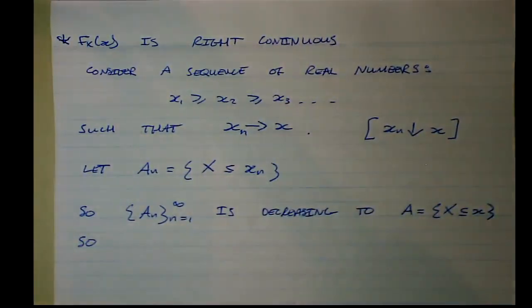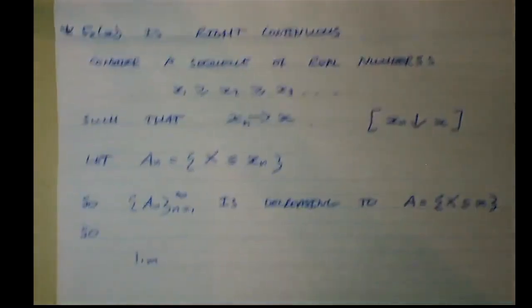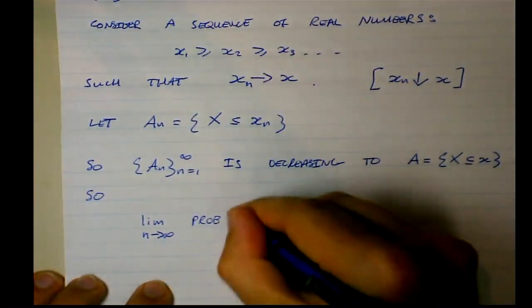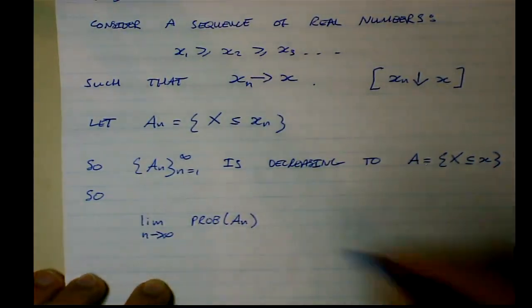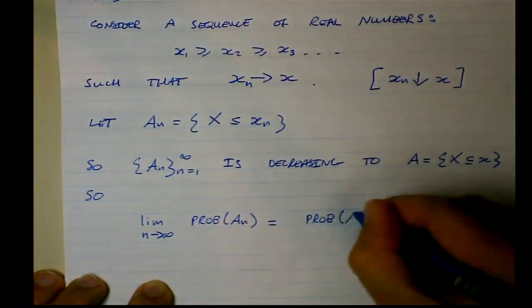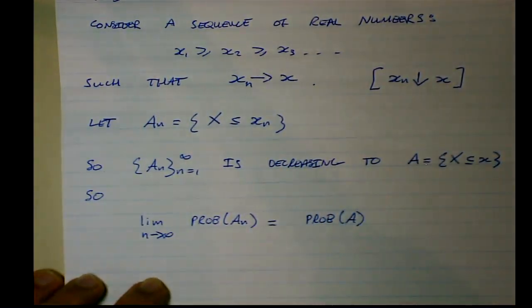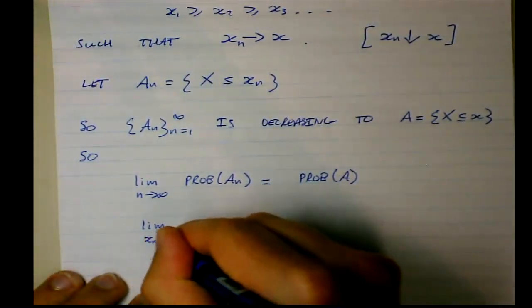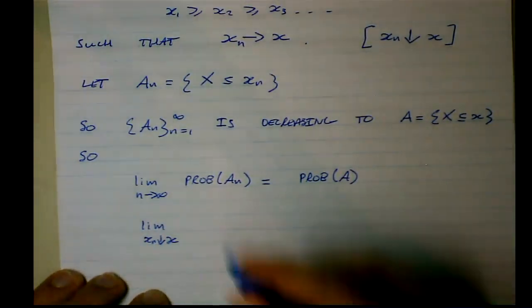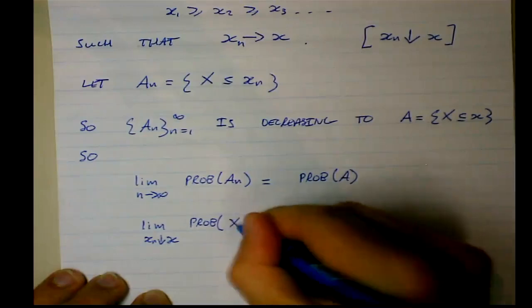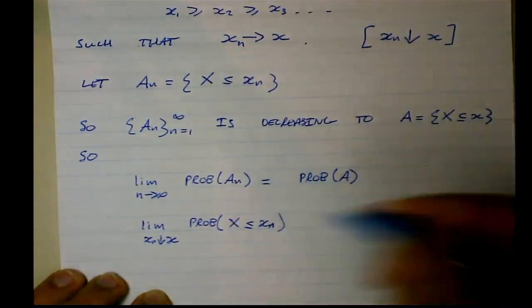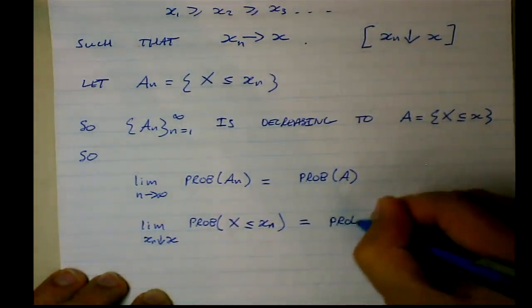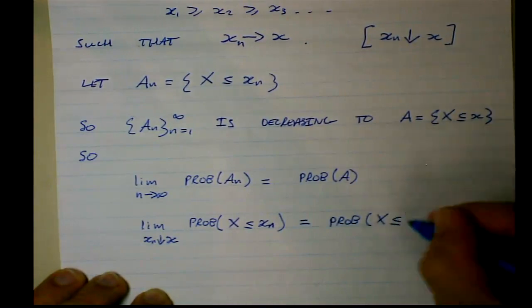That is, the limit as n goes to infinity of the probability of A_n is equal to the probability of A. Or in other words, the limit as x_n decreases to x of the probability that X is smaller than x_n is equal to the probability that big X is less than or equal to small x.